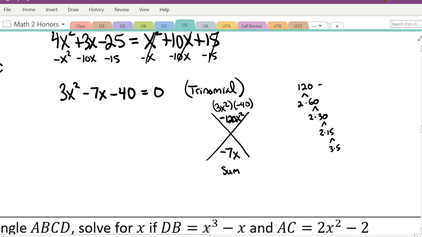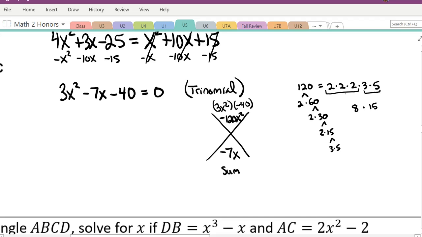So 120 is made up of the primes 2 times 2 times 2 times 3 times 5. And so any two numbers that multiply to 120 will contain these primes. And I can create different numbers using these primes. So for example, I can take the three 2s, and that would be 8. And what remains is the 3 times 5, which would be 15.